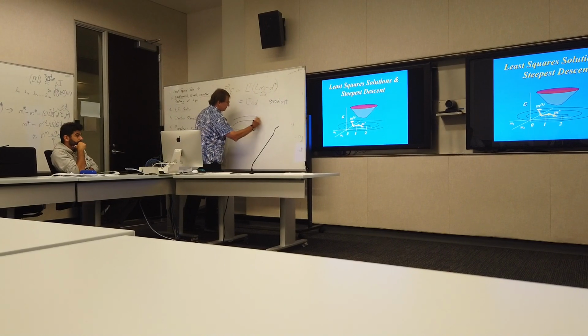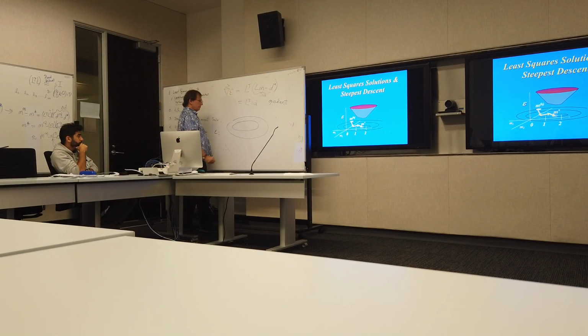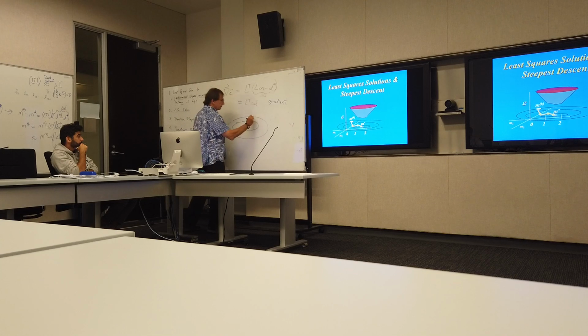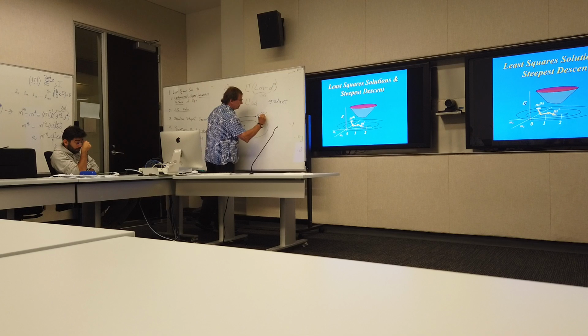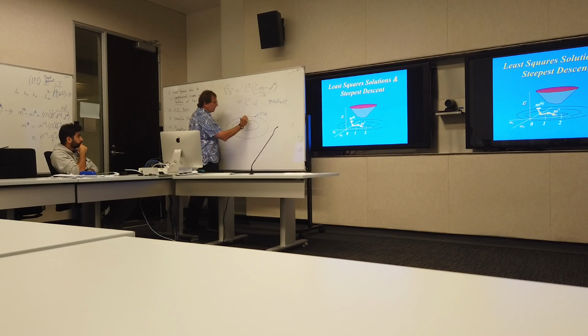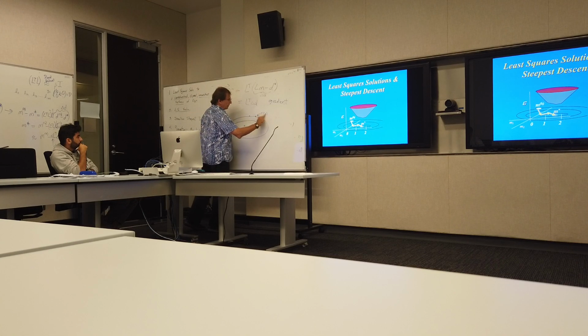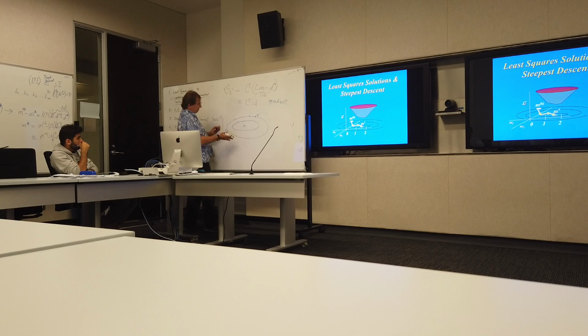So here's our, let's take epsilon of r here. So r, well, let's call this m. And let's go along this. So I plotted the contours on the M1, M2 plane.